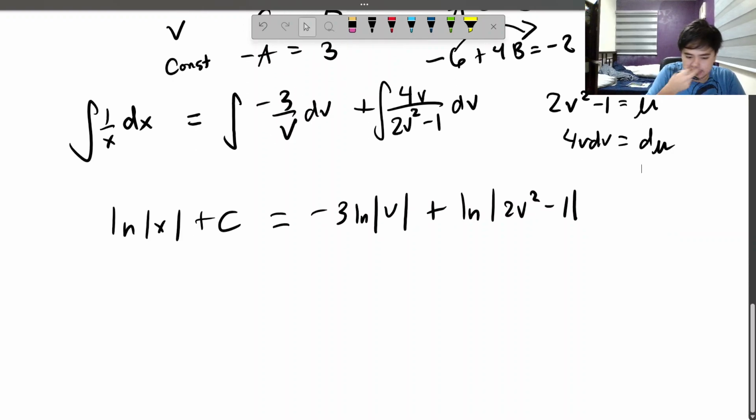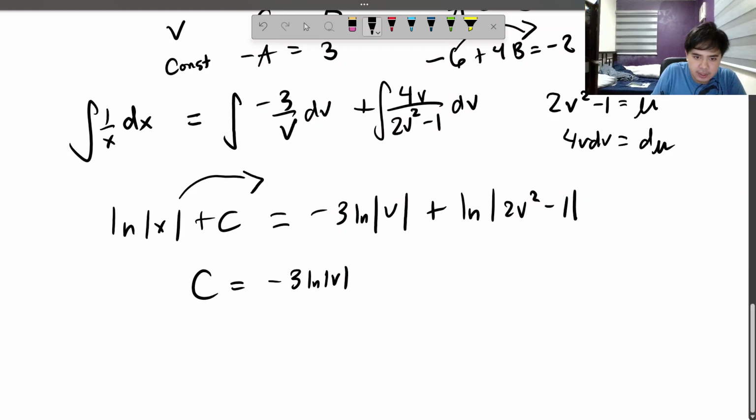So in order to solve this, we need to compile everything with an ln on one side. We're lucky that this has ln on all of its terms, because if it has arctan, we can't do this trick. So c equals negative 3 ln v minus ln x plus ln of 2v squared minus 1.